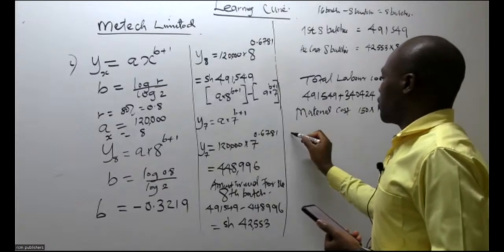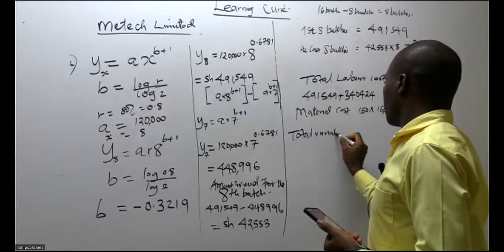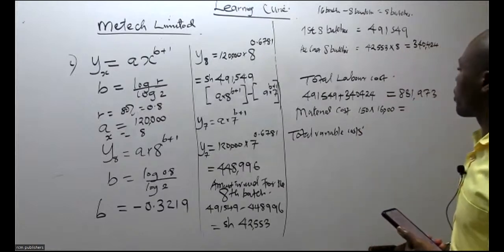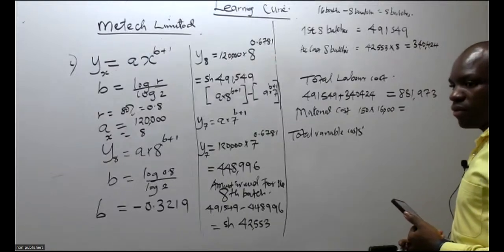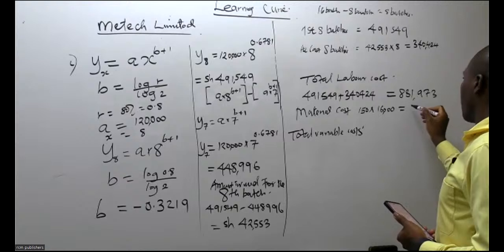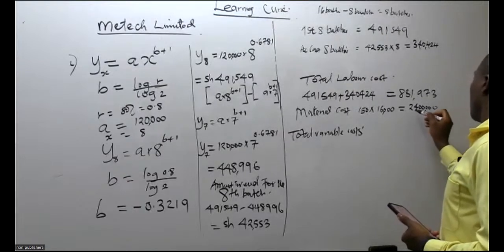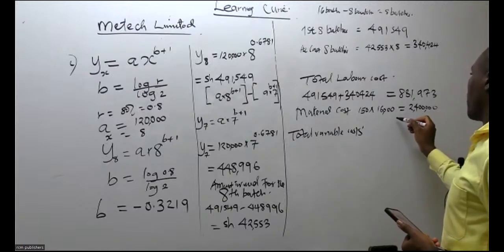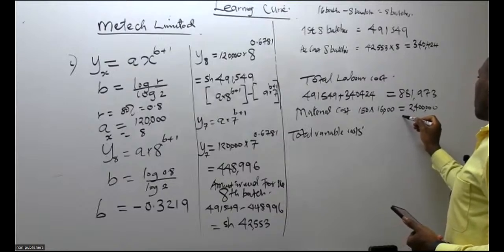Total material cost, then we get total variable costs. What will we have? 2,400,000. That is our total material cost. So if you add everything, what will you have? Is it 3 million?